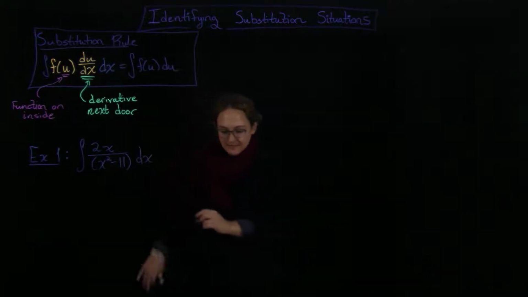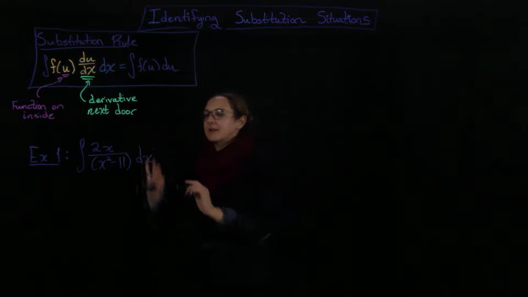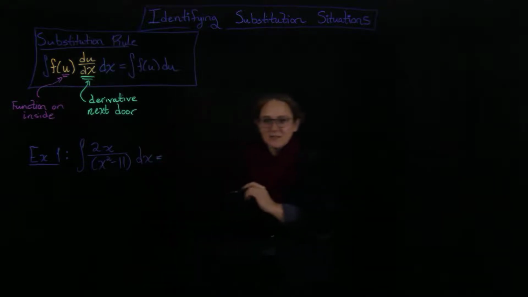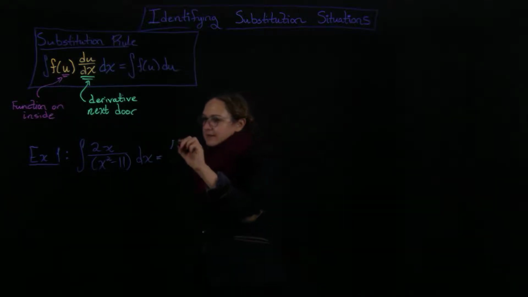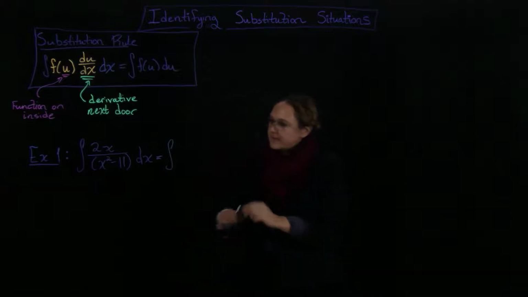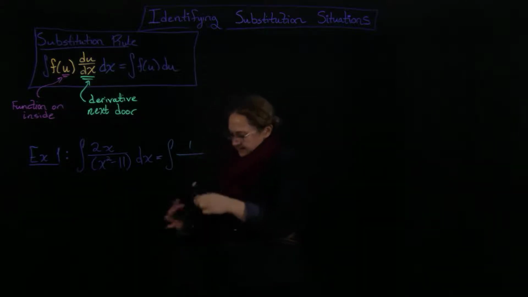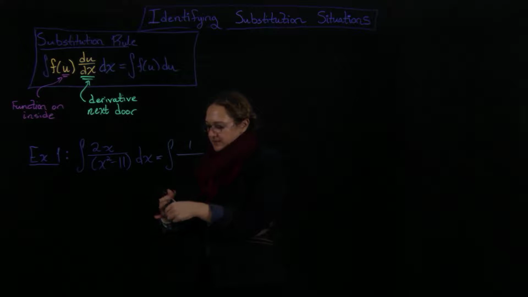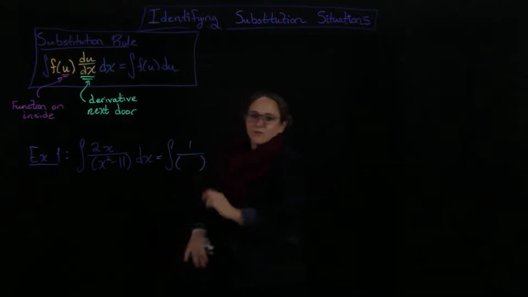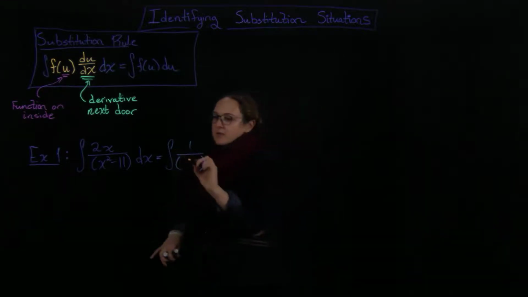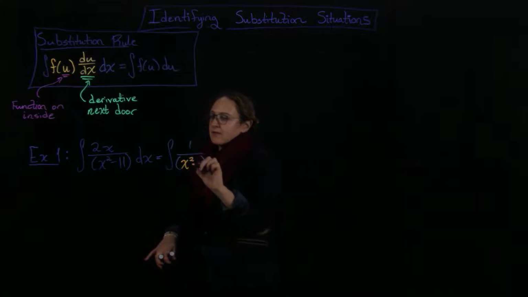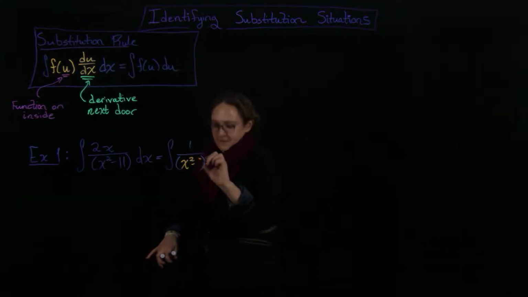So let me break this apart with the colors so you can see what I mean. This is the integral of 1 over, and then here's my inside function. So this is like having 1 over u, where my u is x squared minus 11.